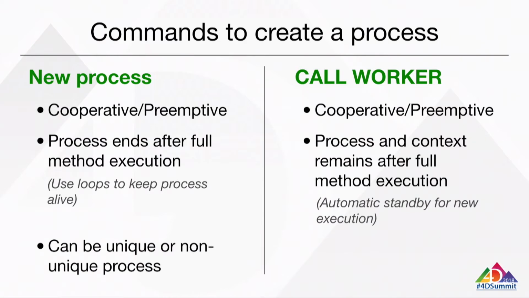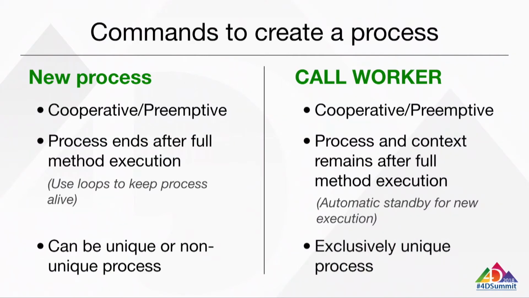If you populate some kind of array or a text variable, everything is also maintained by 4D. Now, on the New process command, when we create a new process, normally you will see a star parameter at the end. If you don't specify the star parameter, the process is always going to be spawned as a new process. Even though you name it the same, process 1, the next time you call New process with process 1 again, without the star parameter, 4D will create a new process for you.